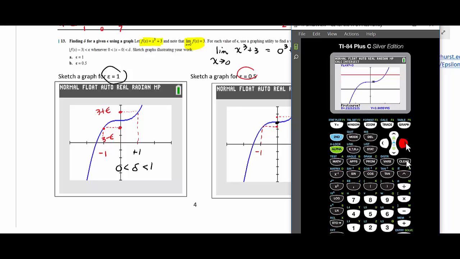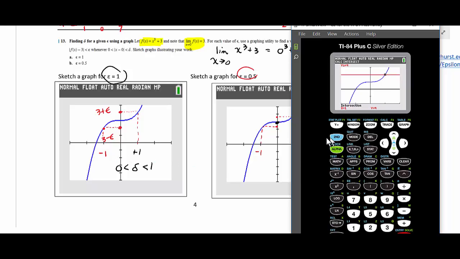Let it move a little bit there. I can press enter. For the next curve, I can get it fairly close to the intersection point. Then when it says guess, press enter. So notice that the intersection point is equal to 1. So that would be the largest value in the delta belt, 1.